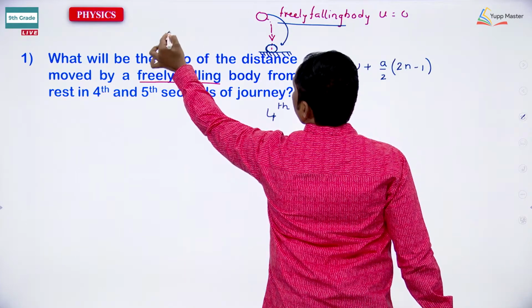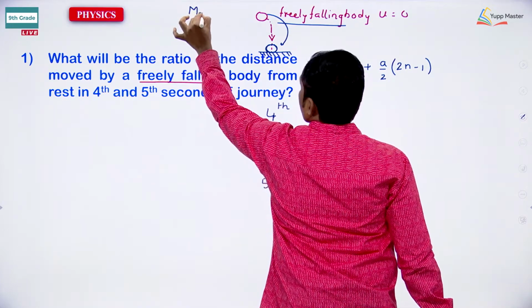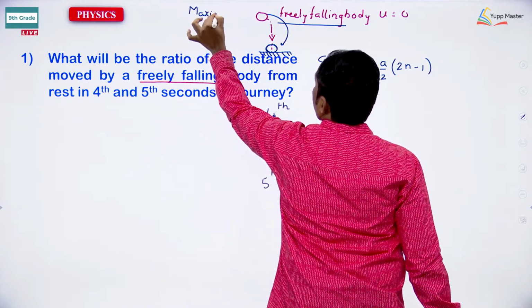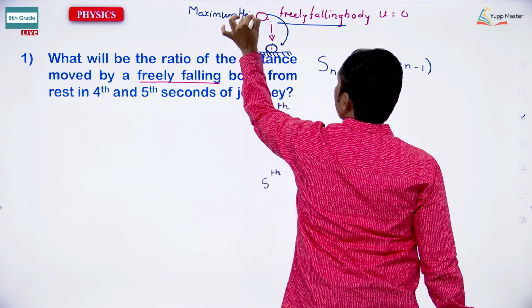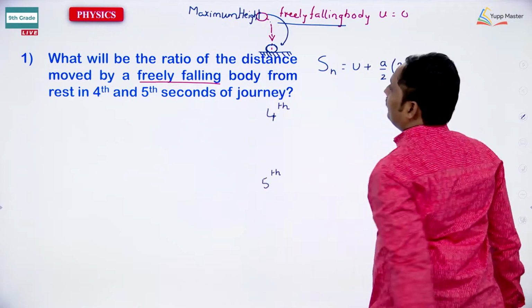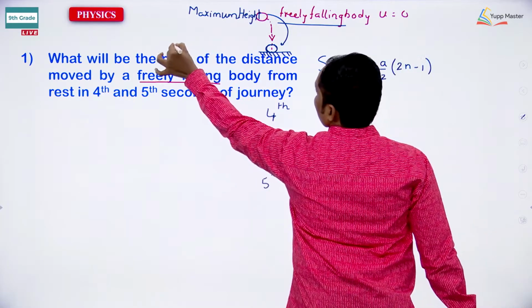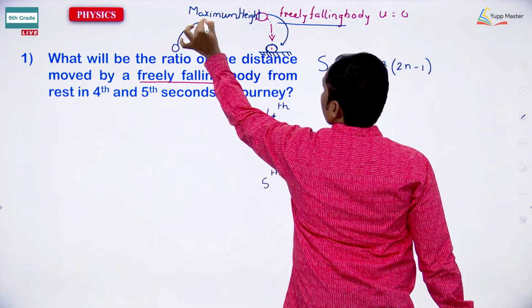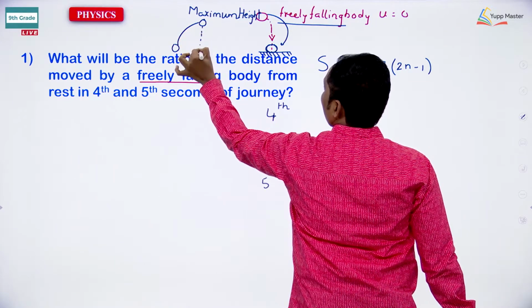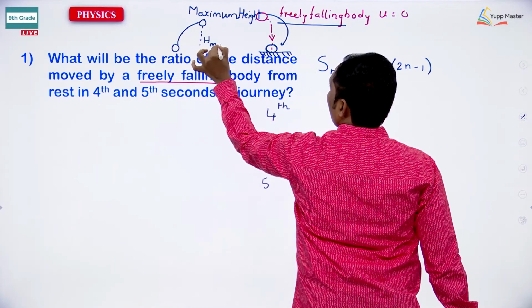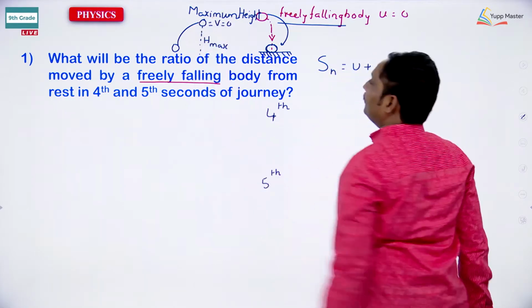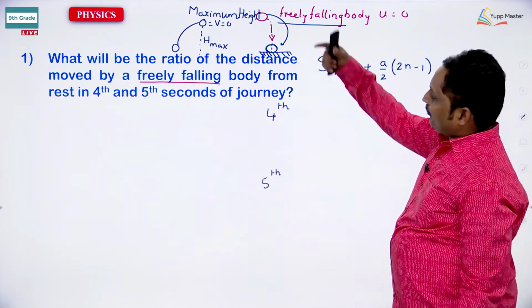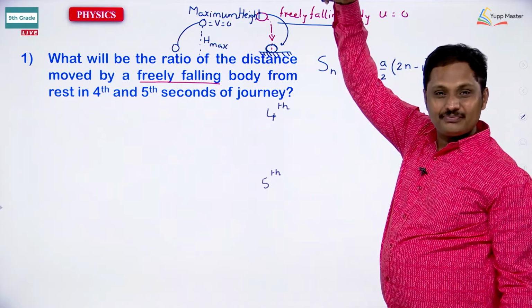At the same time, you can identify this one. You have to get the maximum height. At maximum height, a body has been taken at maximum height, its final velocity is going to be 0.